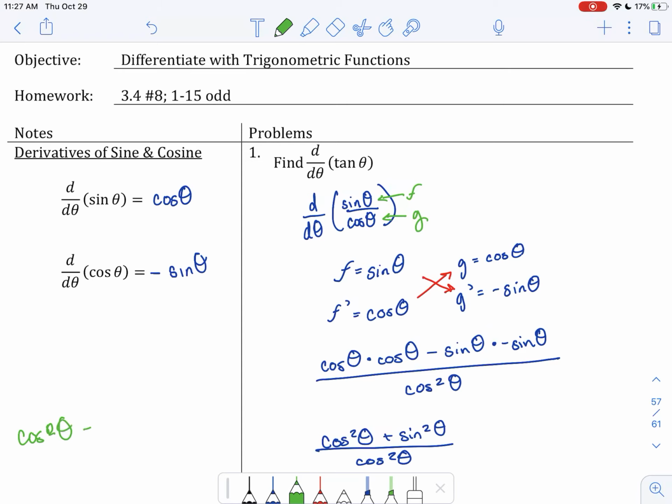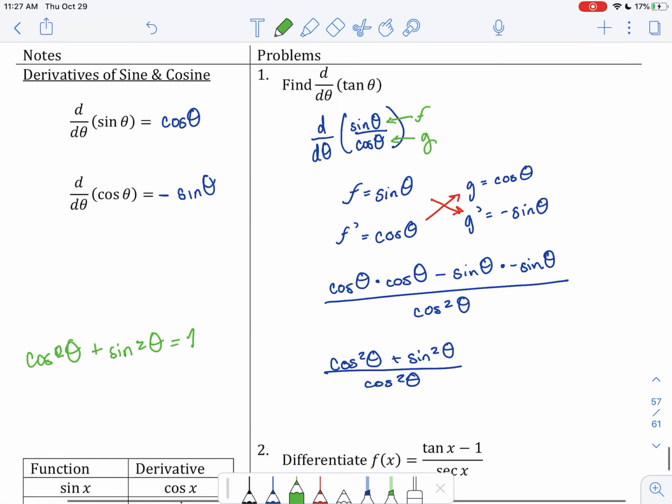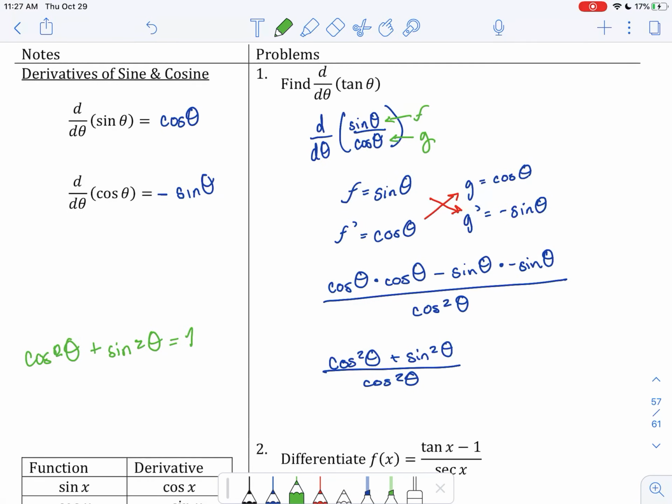Do you remember cosine squared theta plus sine squared theta is equal to 1? We also learned at the same point that 1 plus tangent squared theta is equal to secant squared theta, like so. And that cotangent squared theta plus 1 is equal to cosecant squared theta.